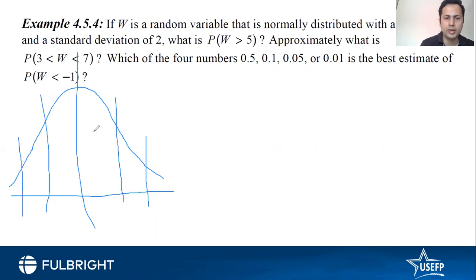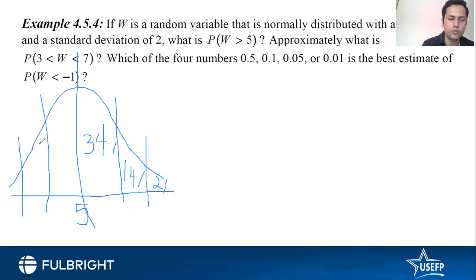So 50% of the data is above the mean. This center is the mean value, and the mean in this case is 5. 34% of the data is here, 14% is here, 2% is here.